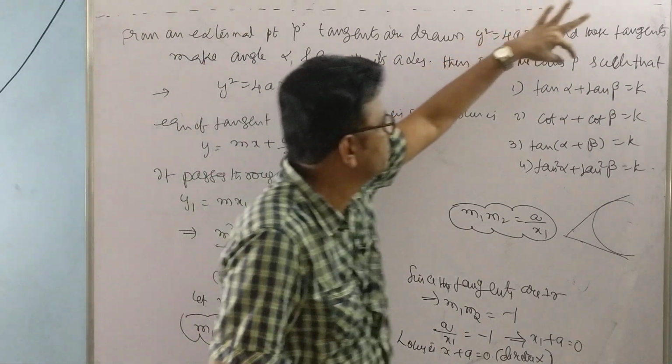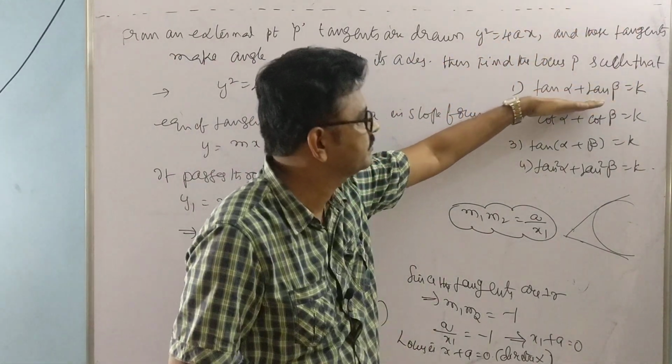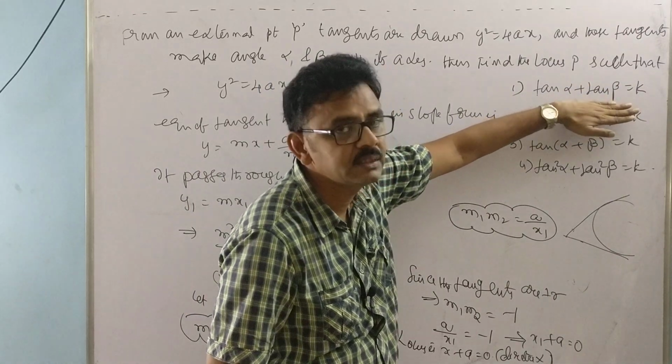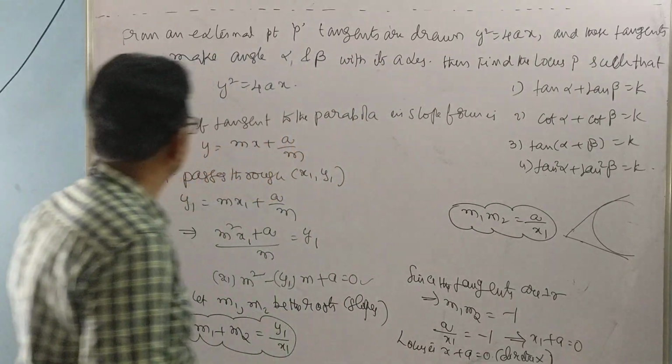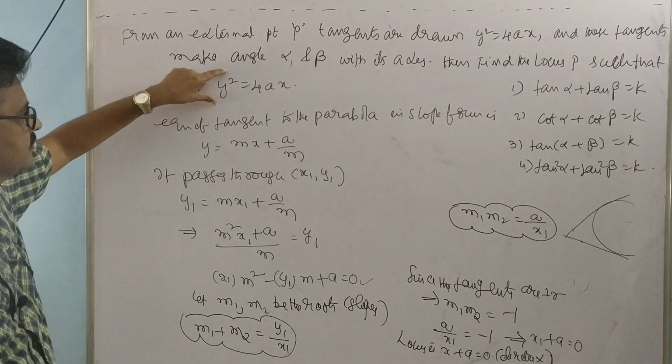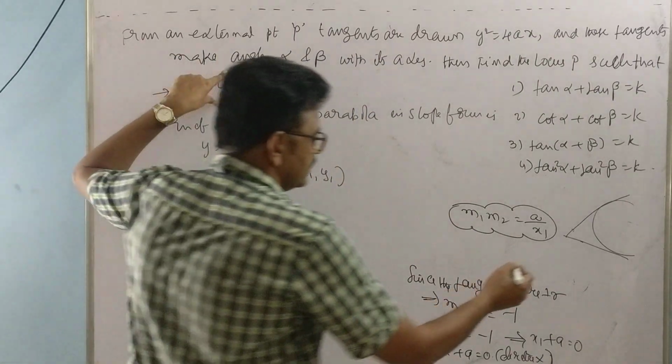Find the locus of the point P. This is given for 7 marks, which is very simple. The point is x1, y1.